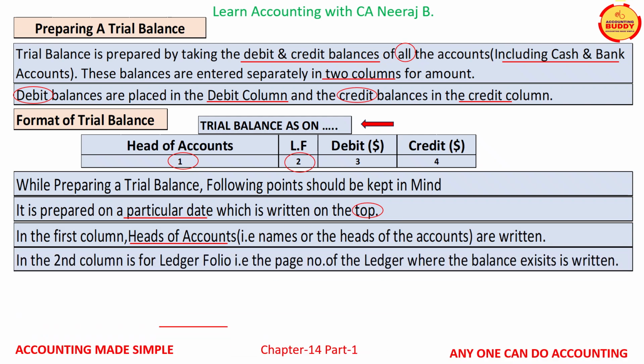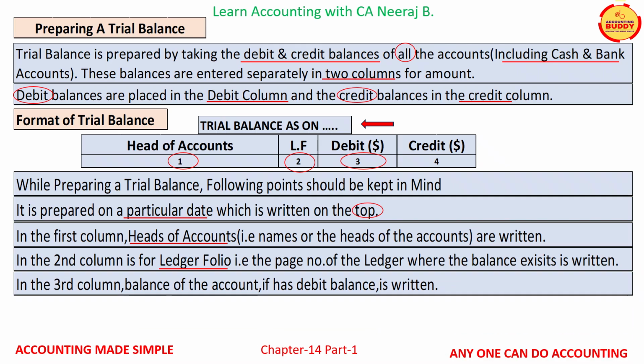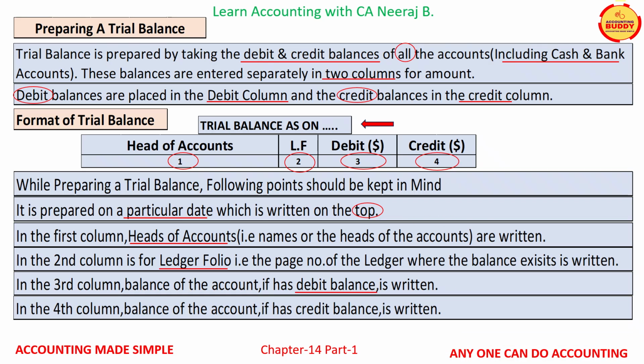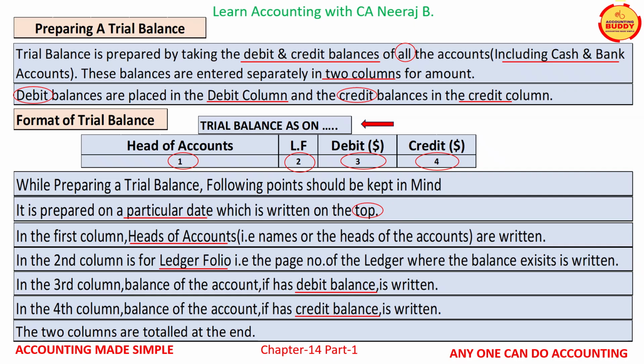The second column is for ledger folio, that is the page number of the ledger where the balance exists is written. In the third column, balance of the account if it has debit balance is written. In column number 4, balance of the account if it has credit balance is written. The two columns are totaled at the end.